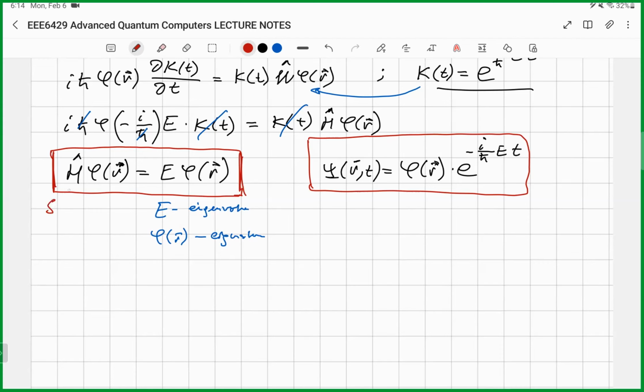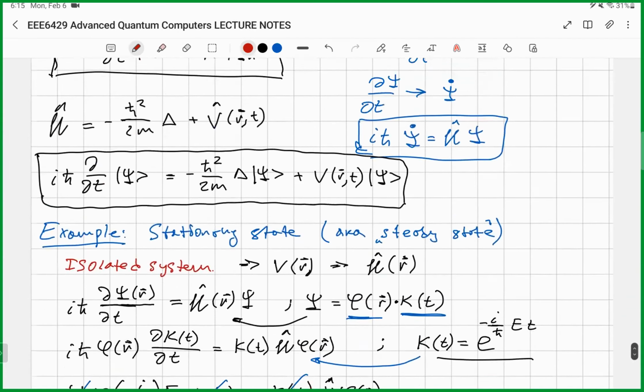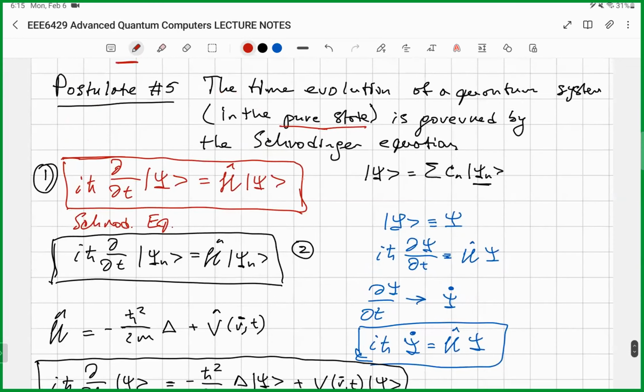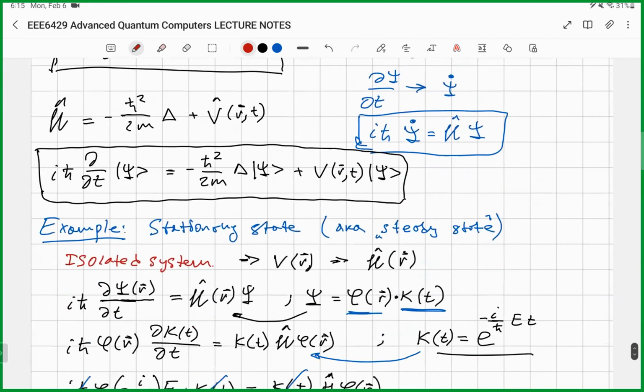This steady state Schrodinger equation was derived by Schrodinger first, and then generalized to another one, which is known as the time domain or time evolution Schrodinger equation, which is more general.